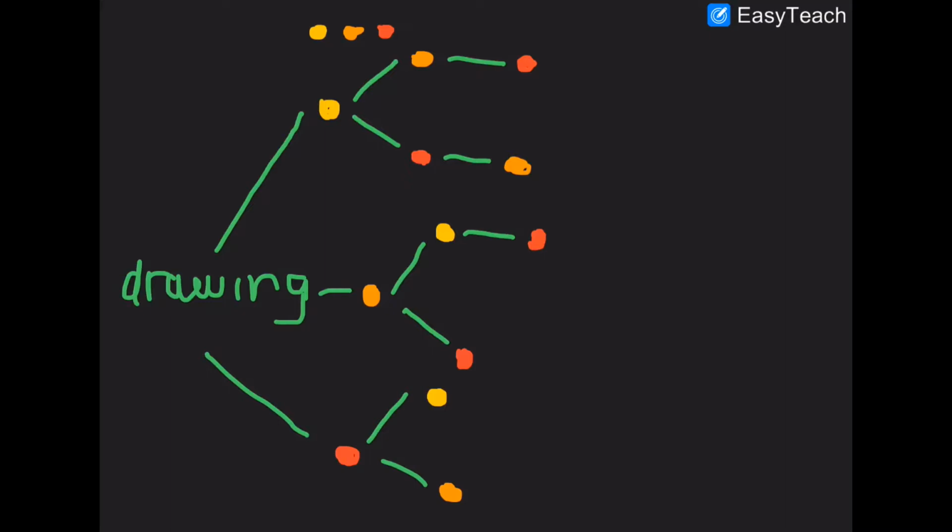If I picked the red one, I'd have to pick the yellow one. If I pick the yellow one, then I'd have to pick the orange one. And if I pick the orange one, I'd have to pick the yellow one.